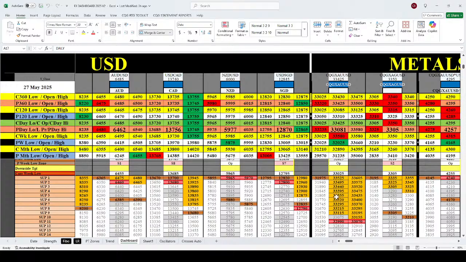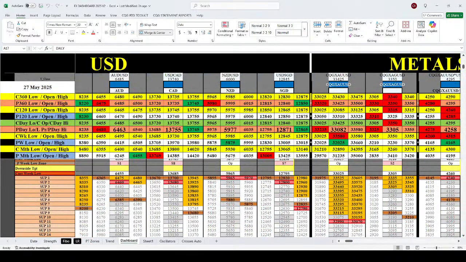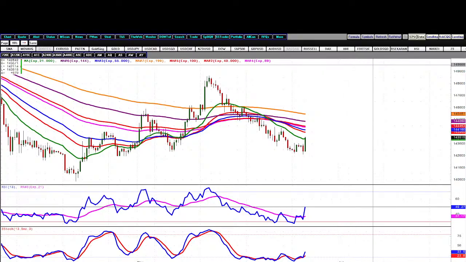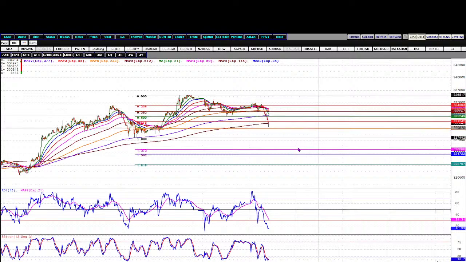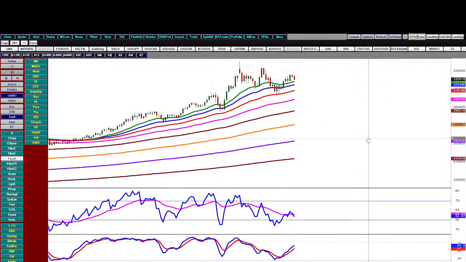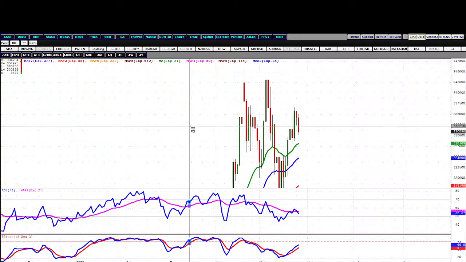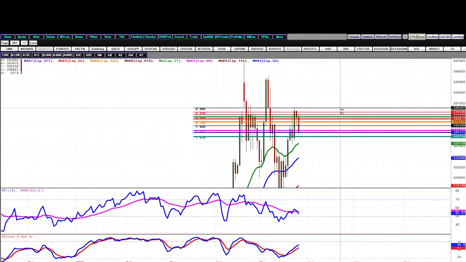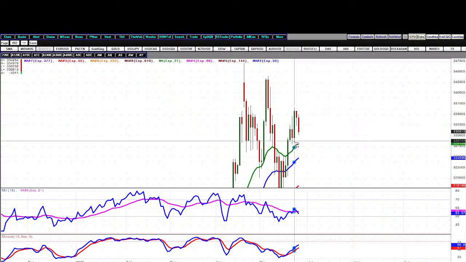Okay, so if that is the case, let's look into the chart. Okay, for today we are looking at a target of 3296 or 3287.